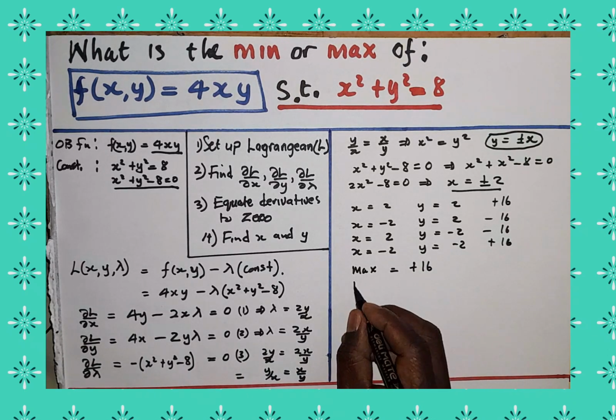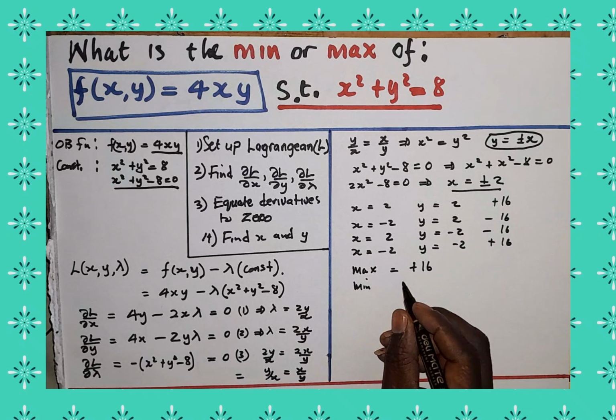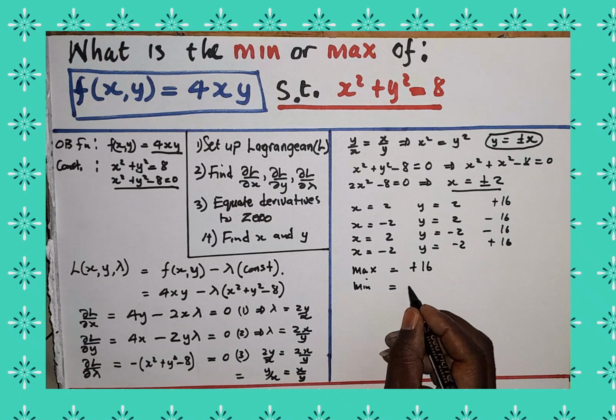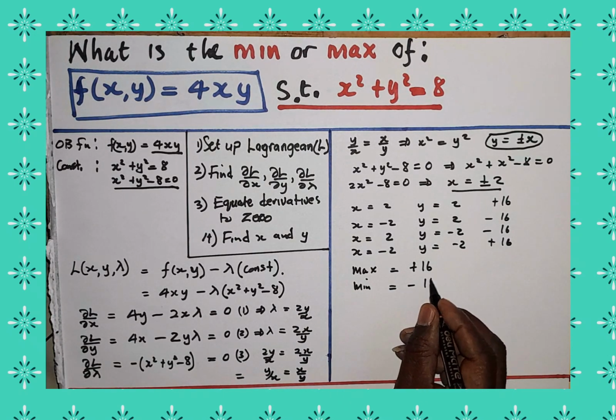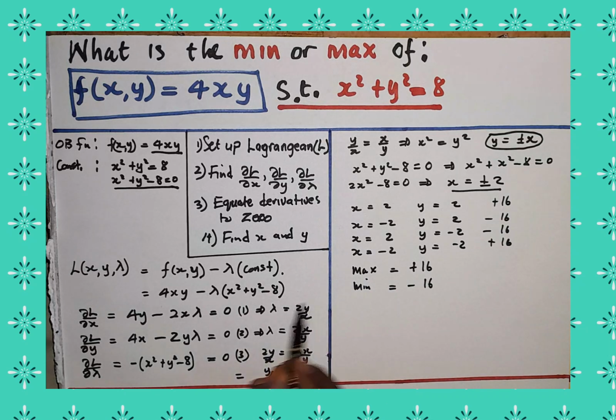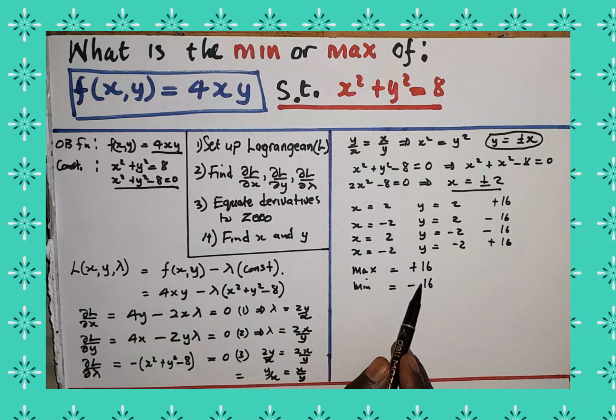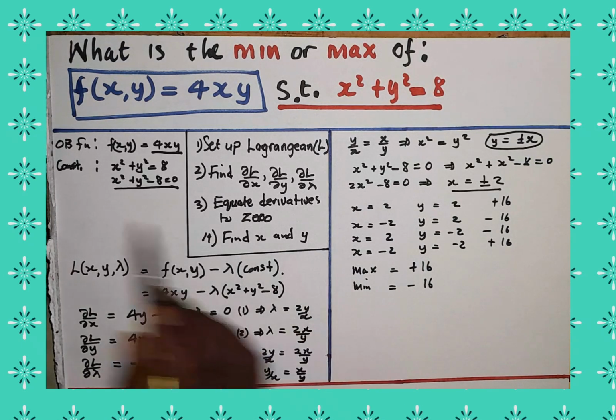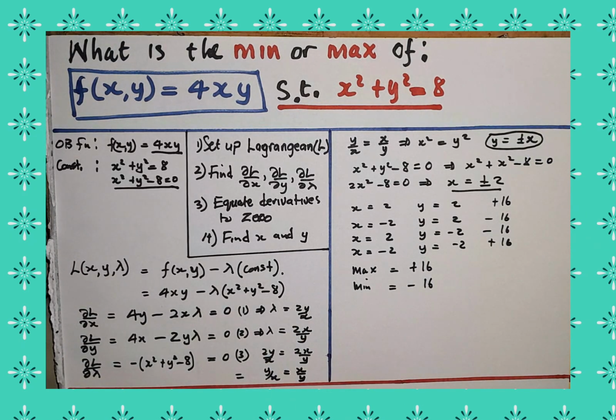And of course, the minimum value of f of xy is equal to minus 16. So there we are. The method of the Lagrangian multipliers has yielded our sought after values, the minimum and the maximum, which is a minus 16 and a plus 16 respectively. That's the method of the Lagrangian multipliers for you there.